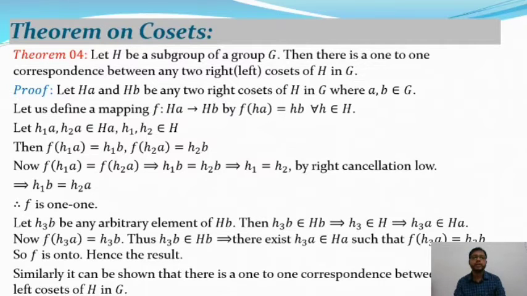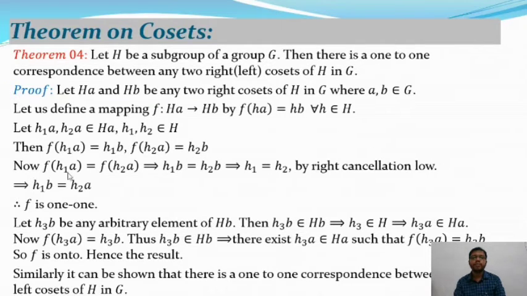Now let two elements, say h1a and h2a, belong to Ha, where h1 and h2 belong to H, and a, b are any elements in G. Then from the above relation, f(ha) = hb, we get f(h1a) = h1b and f(h2a) = h2b.